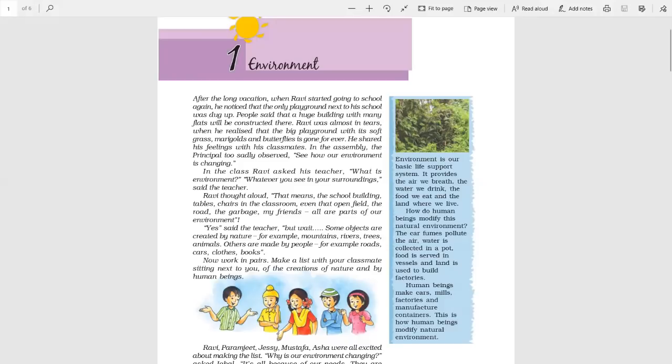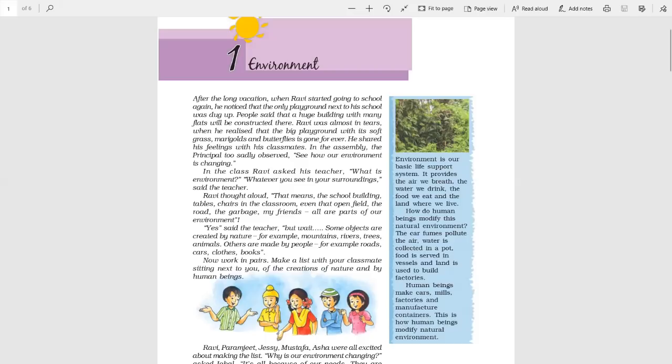Ravi was almost in tears when he realized that the big playground with its soft grass, marigolds, and butterflies was gone forever. He shared his feelings with his classmates. In the assembly, the principal sadly observed, "See how our environment is changing."